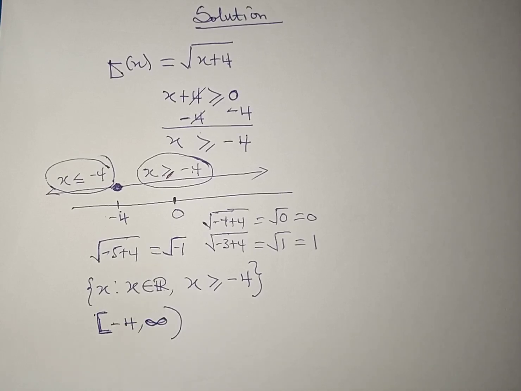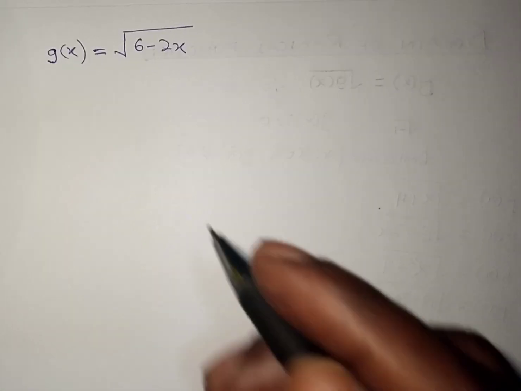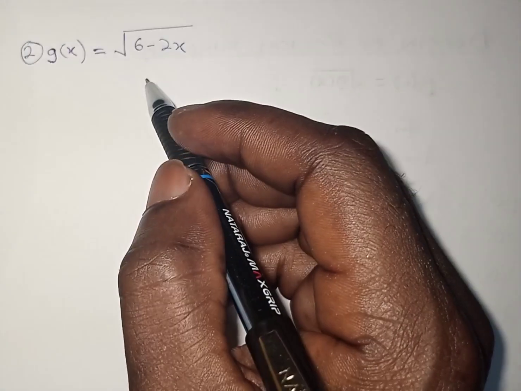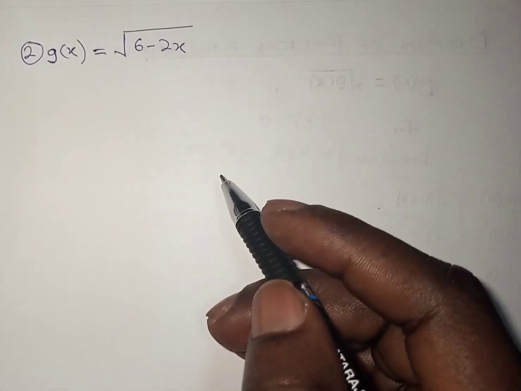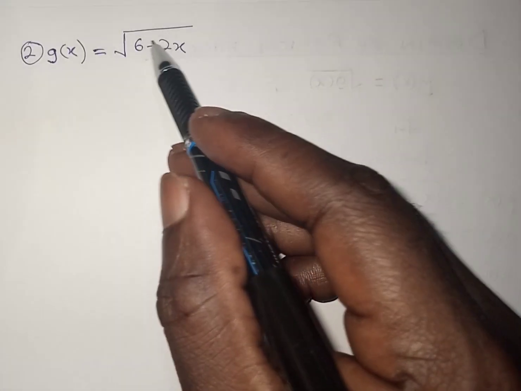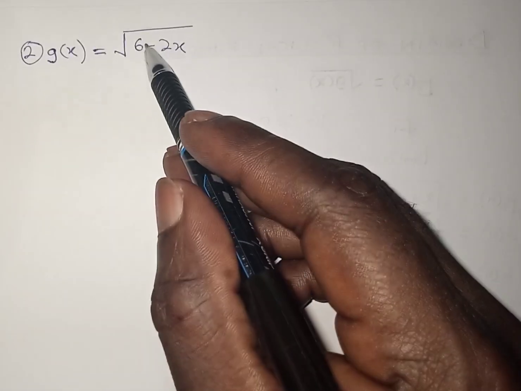All right. So we shall take our second example and see how we can do that one. Okay. So for question 2, or example 2, we have this. Good. So as I said, whatever value is here shouldn't be negative.